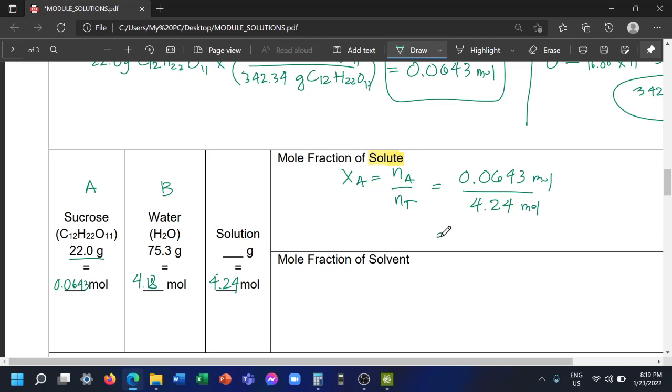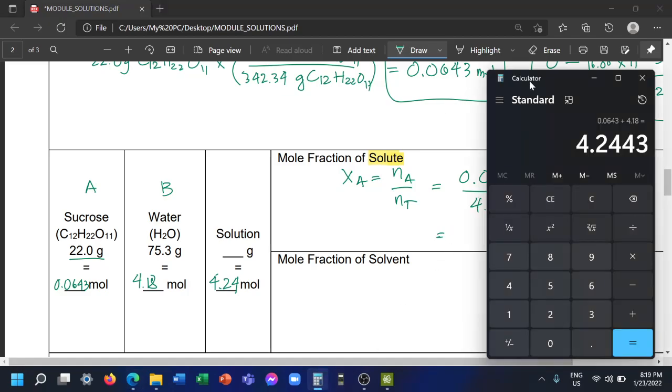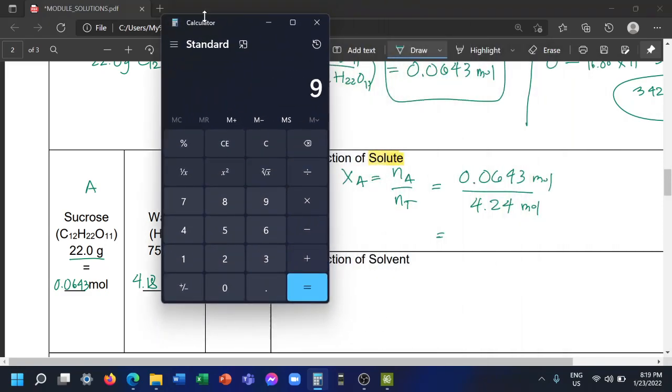Let's divide: 0.0643 divided by 4.24. The answer is 0.0152.